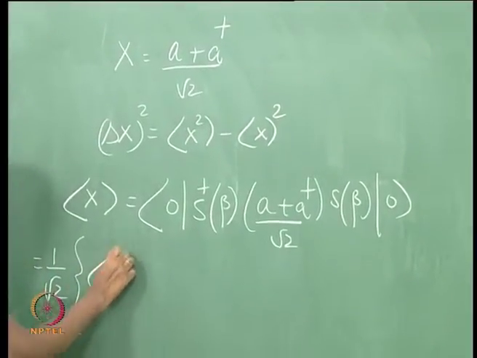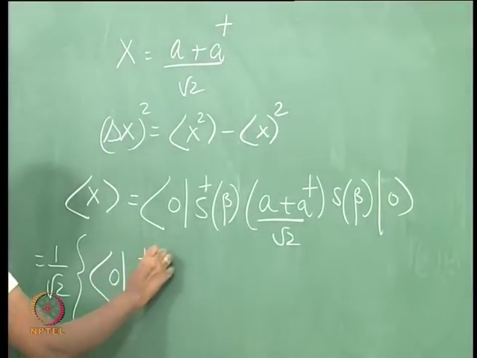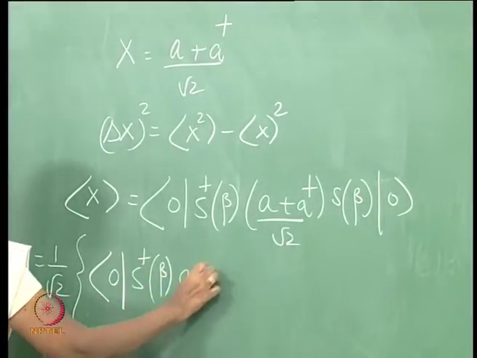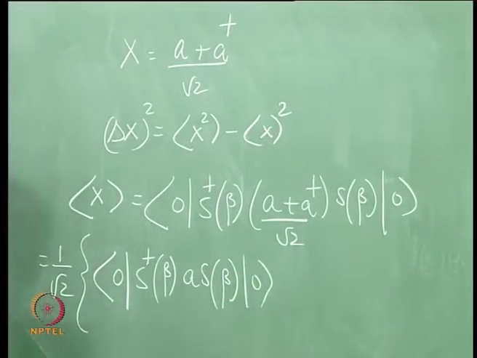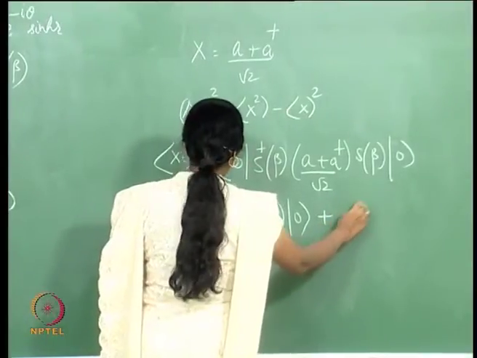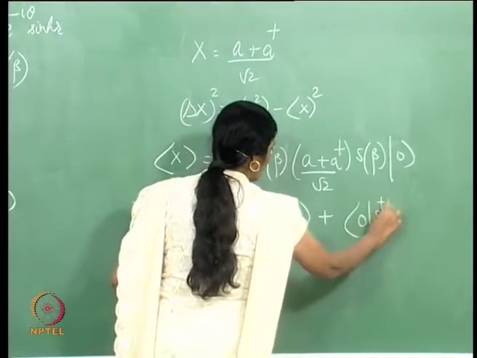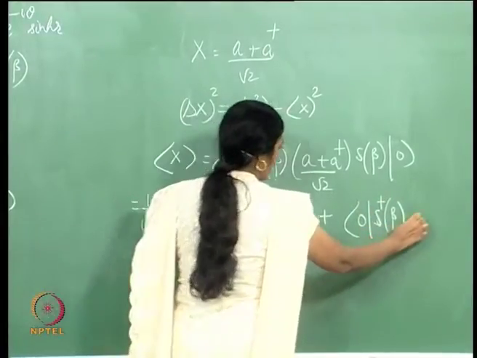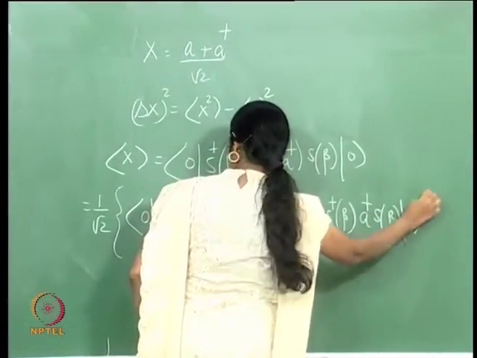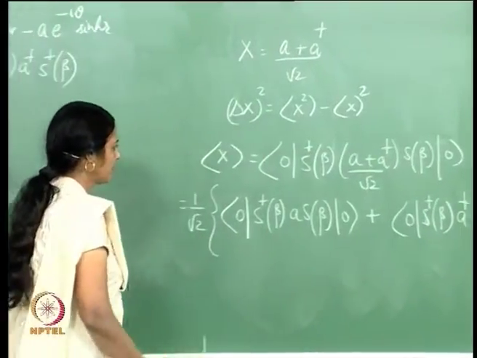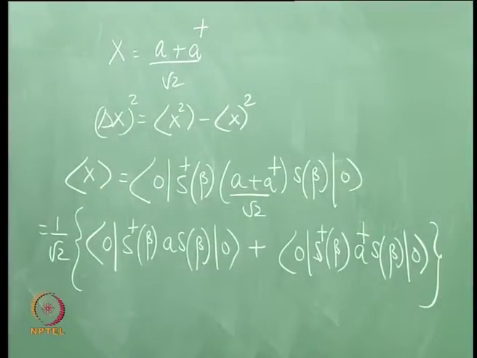The first term is bra 0 S dagger of beta A S of beta ket 0. The second term is bra 0 S dagger of beta A dagger S of beta ket 0. This is expectation x in the state S of beta ket 0.